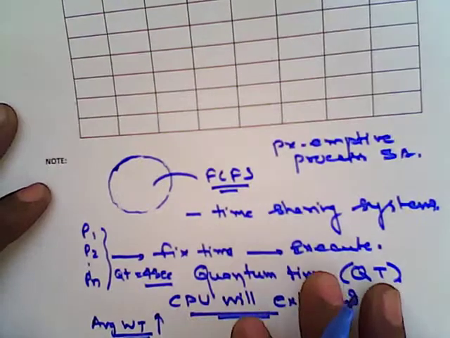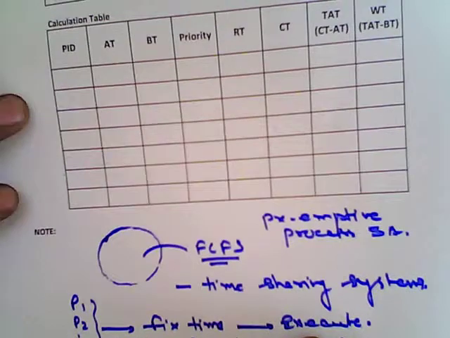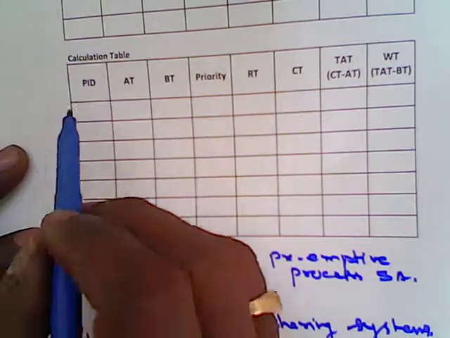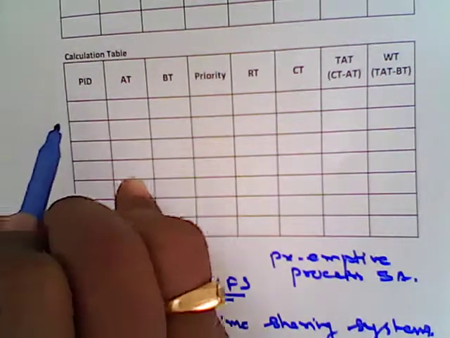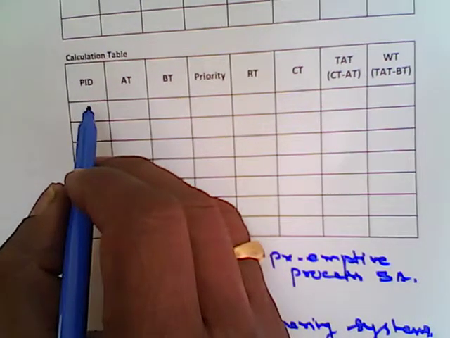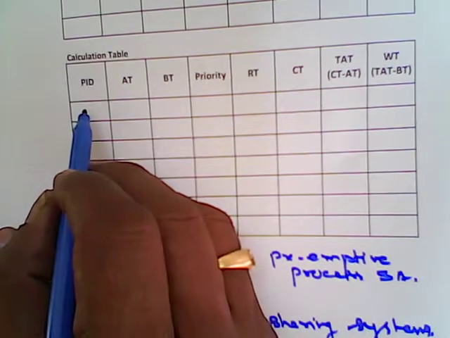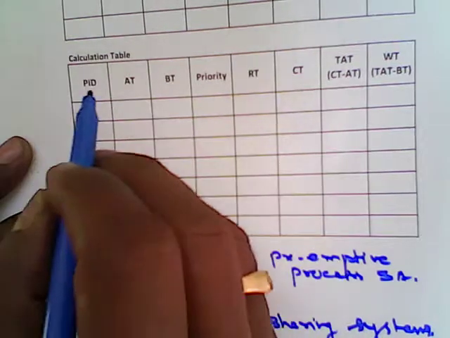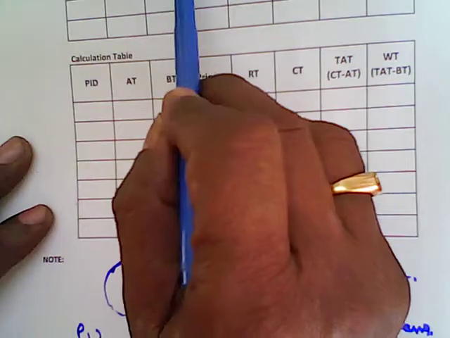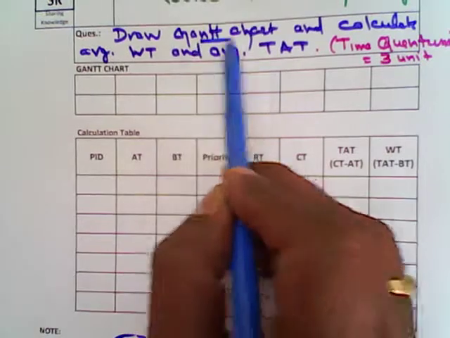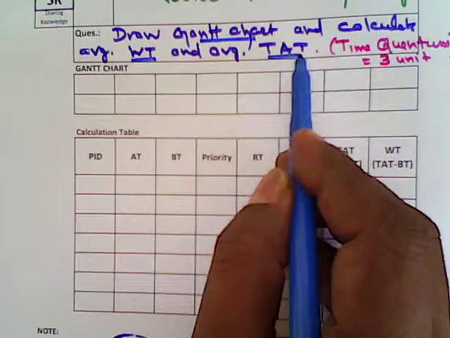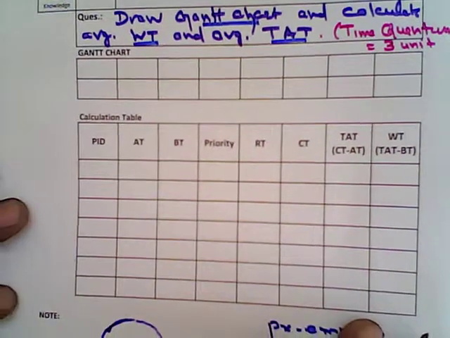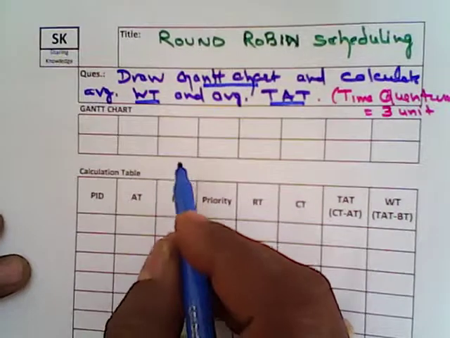Now let us see how this round robin algorithm works out based on a problem. Let us put some questions with certain PIDs, and based on the PID we will calculate the Gantt chart, and also the wait time, average wait time and average turnaround time, just as we have seen in the earlier discussions.